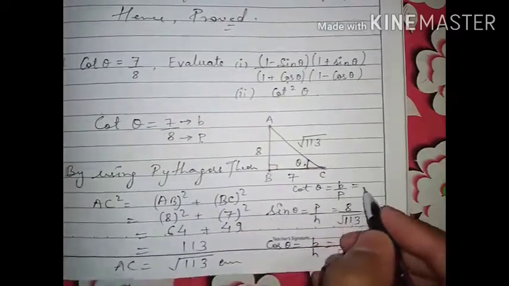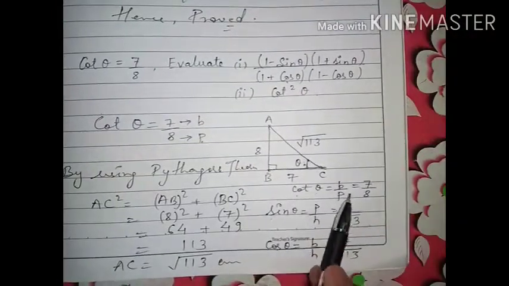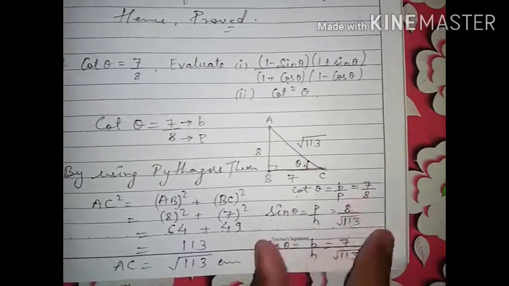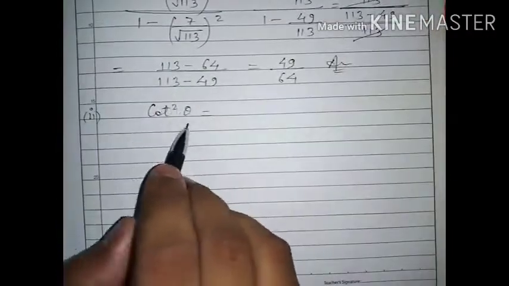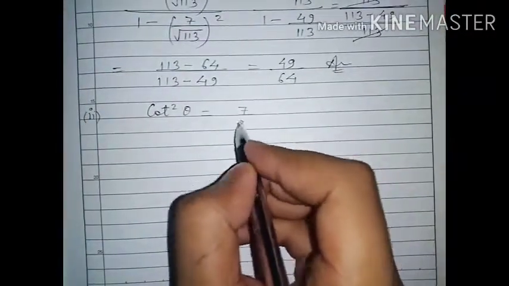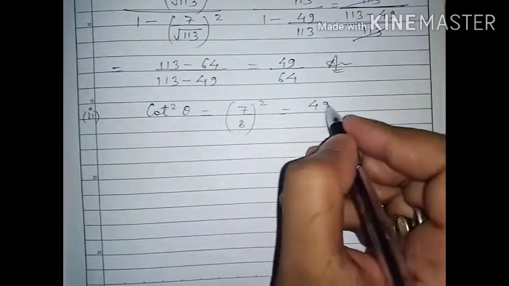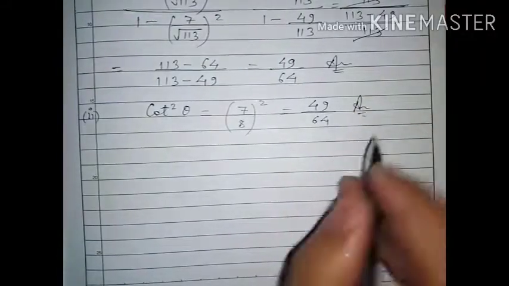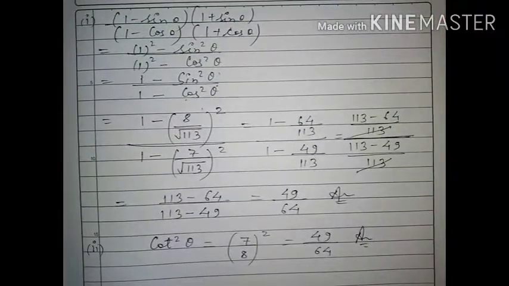So this is 7 by 8. Okay, so cot theta is B by P, that is 7 by 8. Now putting this value 7 by 8 here, we have to find cot square theta. So we just do the square of this, that is 7 square is 49 and 8 square is 64. So this is our final answer. Okay, very simple.